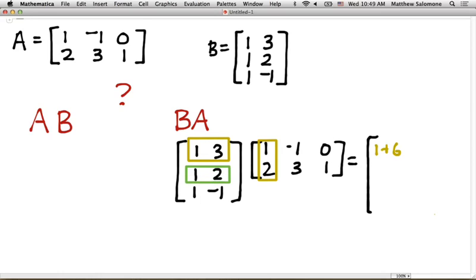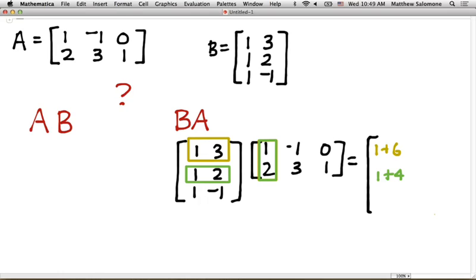Now for the next entry, we'll use the same column, but a different row of the original. And go again across the row and down the column and multiply and add. So 1 times 1 plus 2 times 2 will give me the next entry in this product.